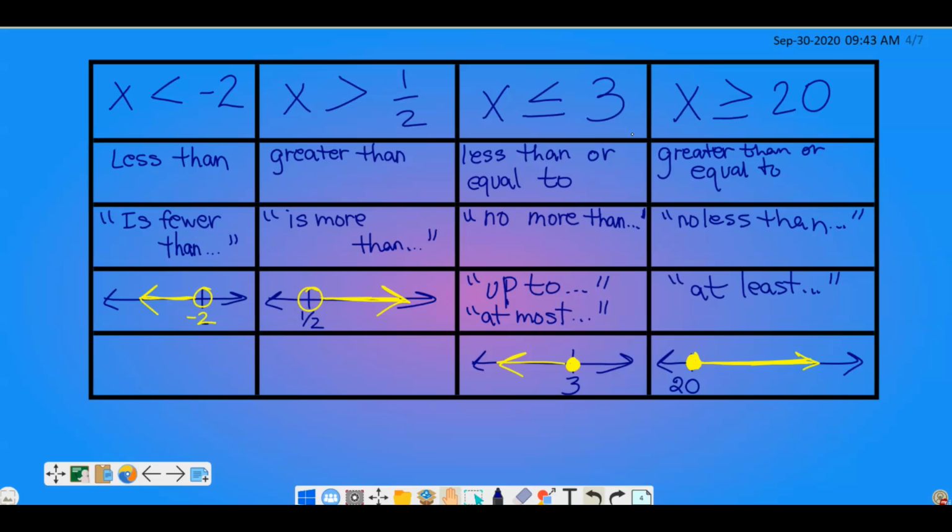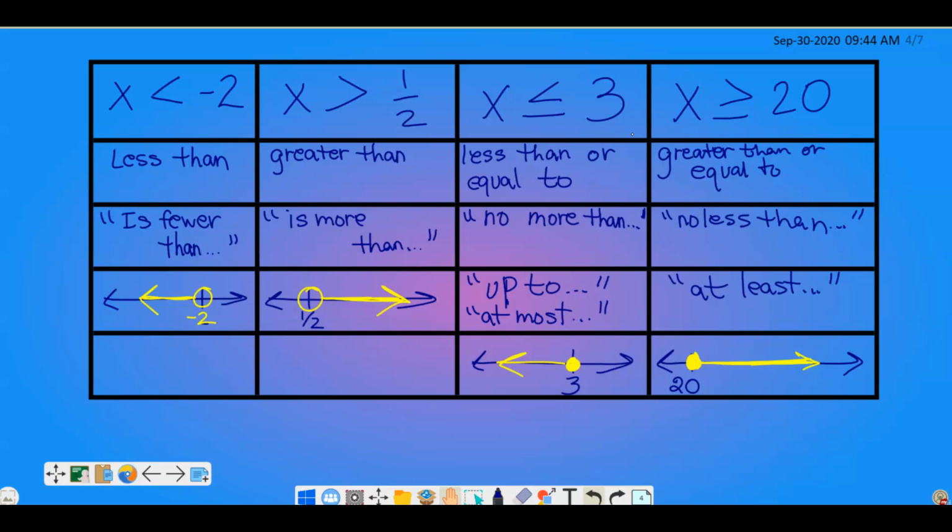And here's our example of the graph. We have our line, we have our solution, and then we have a solid circle because 20 is allowed to be one of the solutions to the inequality.